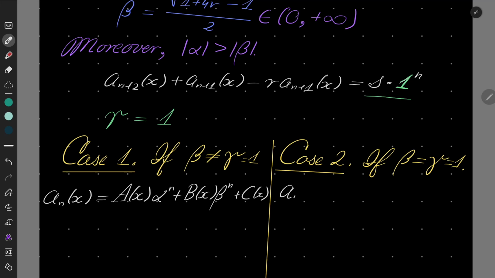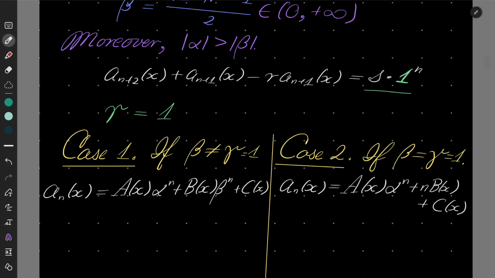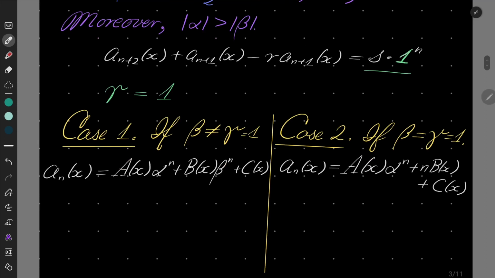While in the second case, since one of our roots has multiplicity of 2, the general form of solution is a(x) alpha to the power of n plus (n times b(x) plus c(x)), where a(x) depends on x but doesn't depend on n, while alpha doesn't depend neither on n nor on x. Excellent. Question: how can we find a, b, and c?